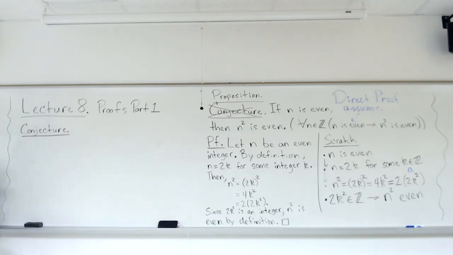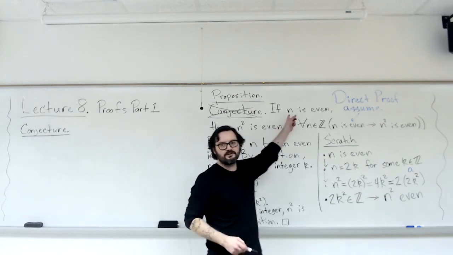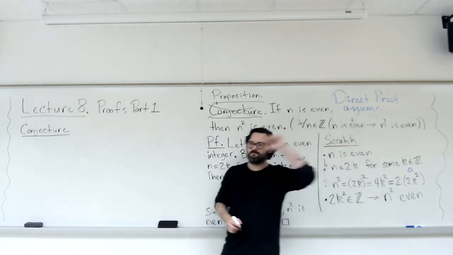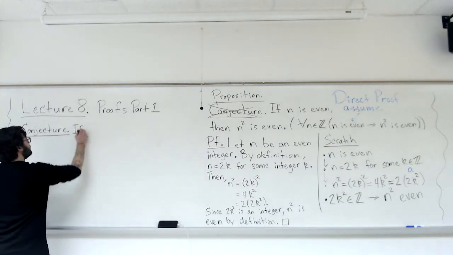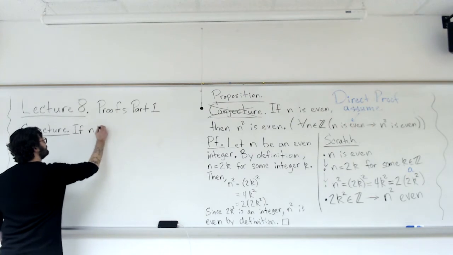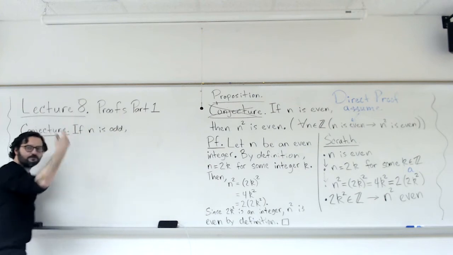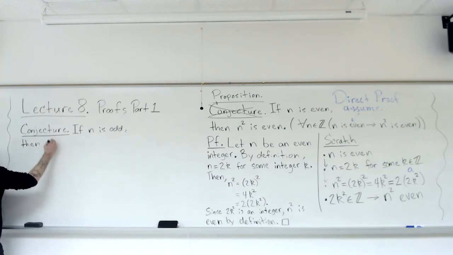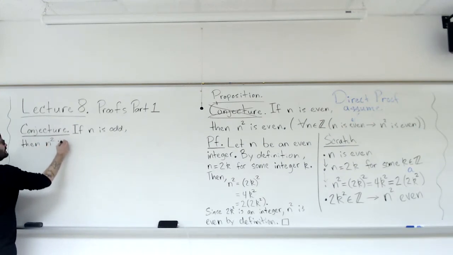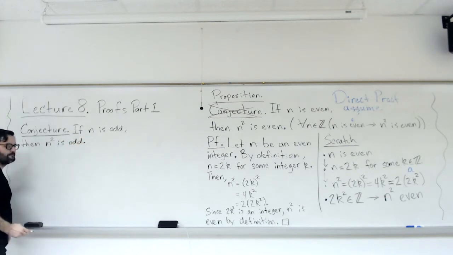And again, when we're writing these mathematical statements, they really are conditional statements at this point. So we can say something like, if n is odd, then n squared is odd.